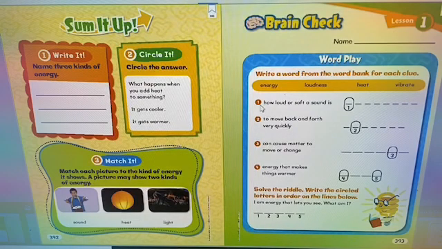Number 1. How loud or soft a sound is? What do I say? Energy, loudness, heat, or vibrate? When I want to know how loud or soft something is, I'm talking about a sound.